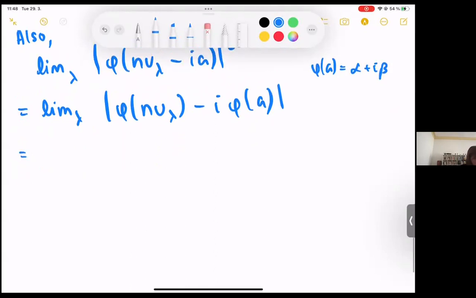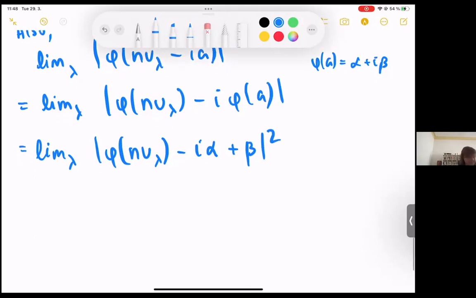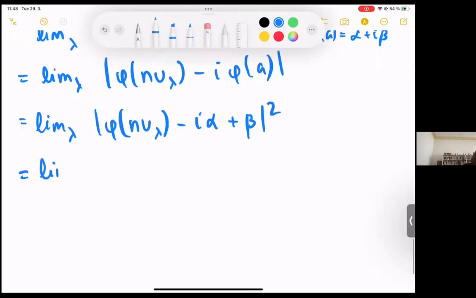So we can sub that in. And we're going to get minus i alpha, minus i times i is plus 1 beta squared. And now alpha and beta are actually real. So this just is phi of u lambda plus beta minus i alpha.